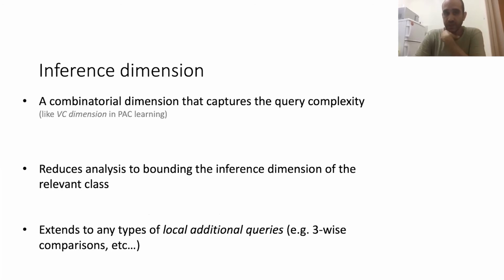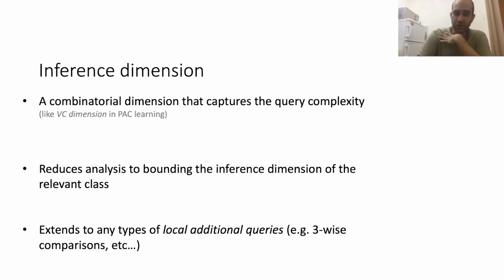And then maybe the conceptual contribution of this combinatorial dimension is that it reduces this algorithmic question of finding an algorithm that queries the points to just bounding a combinatorial quantity. So you can forget about algorithms and just focus on computing a combinatorial quantity, and once you compute it, you basically solve the algorithmic question.